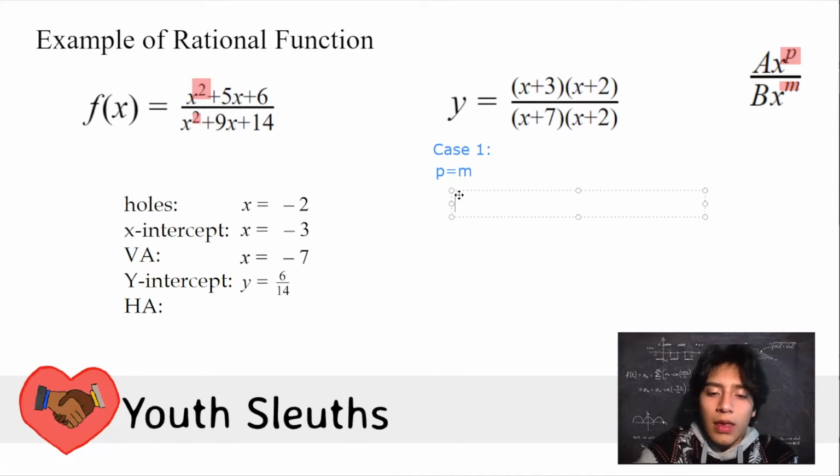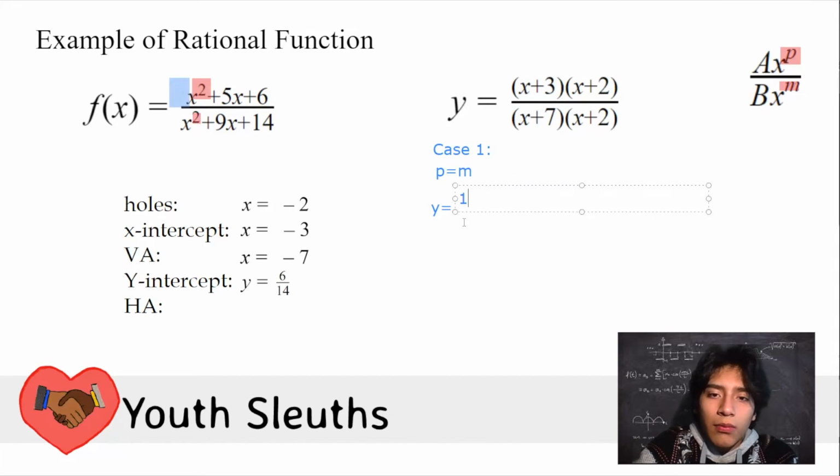This means that our horizontal asymptote is our leading coefficient in the numerator over the leading coefficient in the denominator. Our leading coefficient here, we don't have any, but that is just 1.